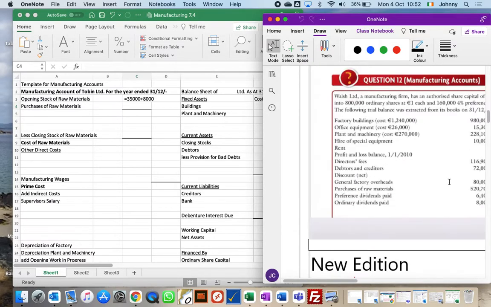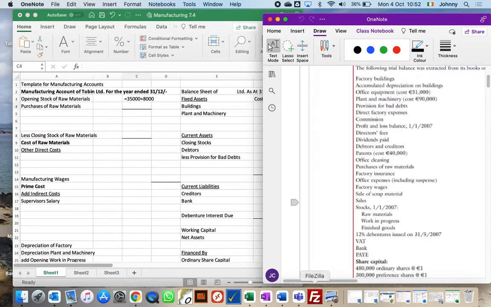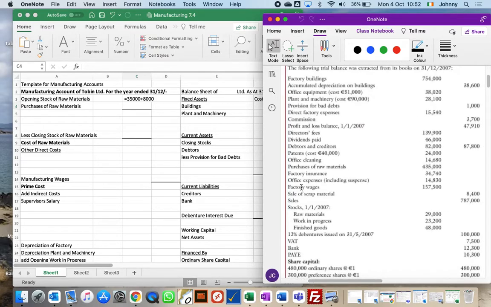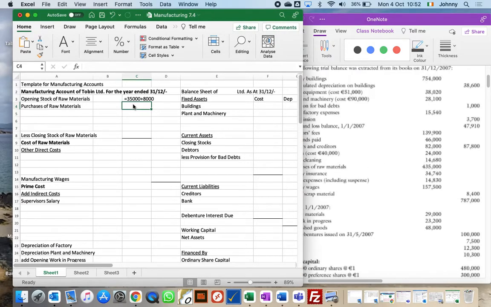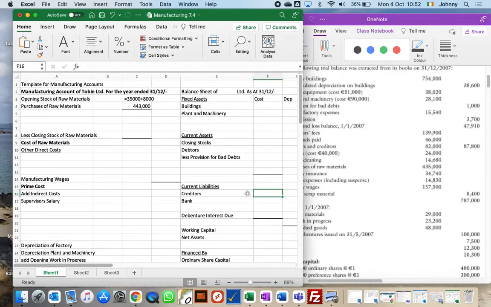So from my trial balance, purchases, raw materials 435. So I'm going to add the 8 grand to that, plus the 8 grand. And my creditors, whatever my creditors figure is, I'm going to have to add the 8 grand to that. So 87,800 for creditors, plus the 8 grand for what I just bought.